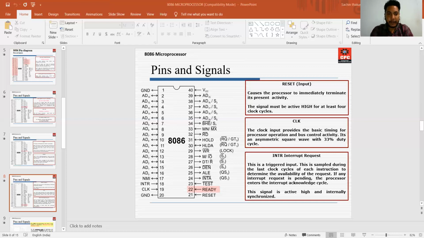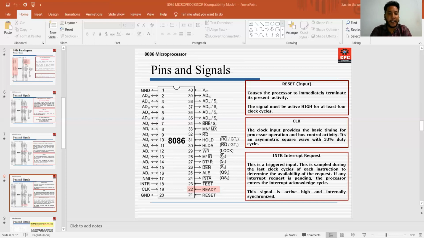Next pin is your INTR. INTR stands for interrupt request. This pin, interrupt request, is used to request a hardware interrupt. INTR is held high when the interrupt flag is set.